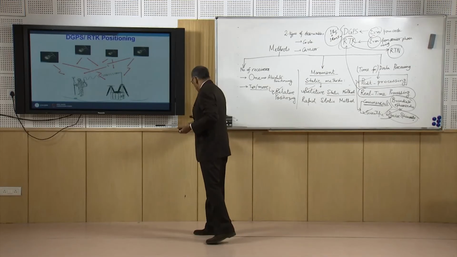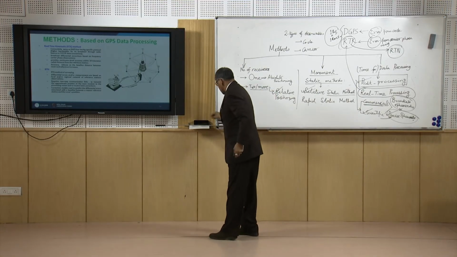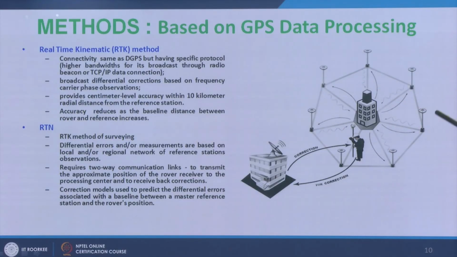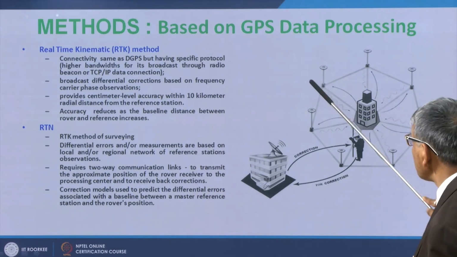In the real time networking method, instead of a single receiver, there will be a network of receivers taking the data from the GPS, and all this data will be communicated to the central processing station, which computes the error message and sends it to the individual stations, and then they communicate the error message to the receivers around them.